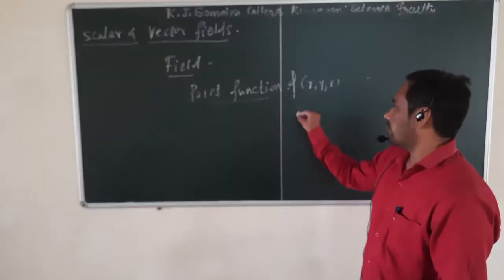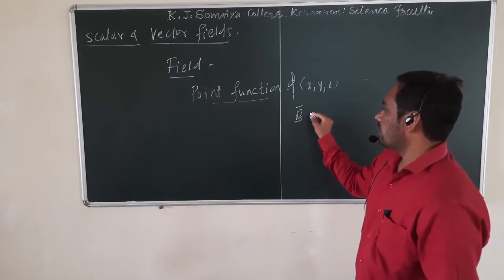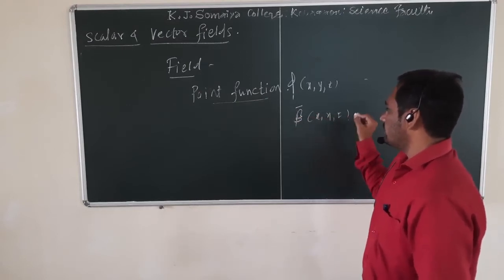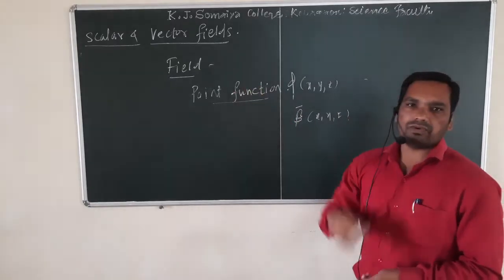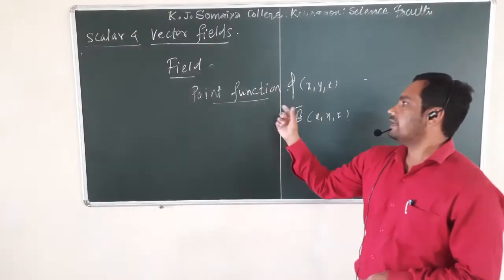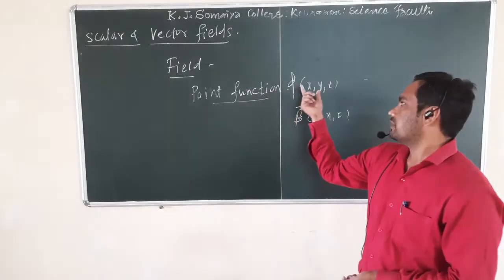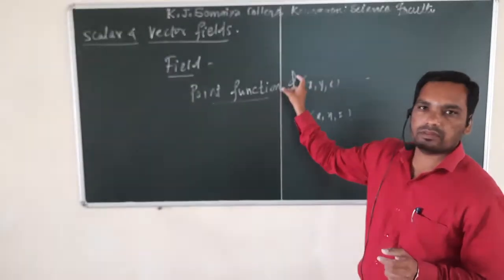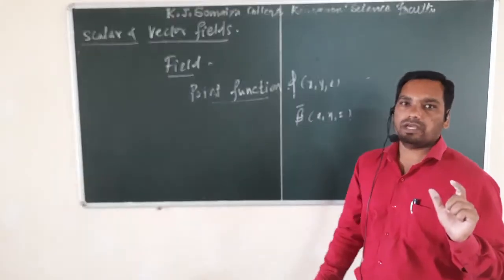Suppose you are taking magnetic field induction and representing it as a function of x, y, z. Again this is a point function. For representing any field we need a point function, which is a function of space coordinates, and that function gives the value of the physical quantity we are measuring.